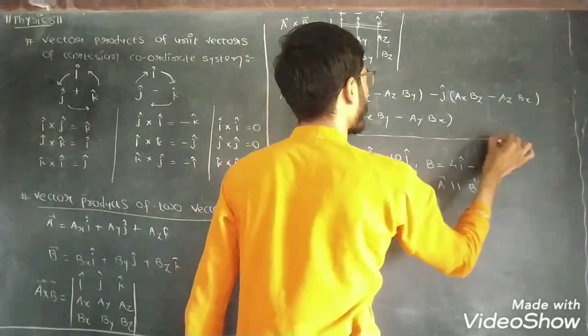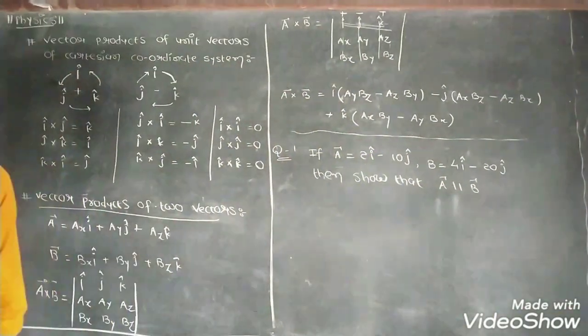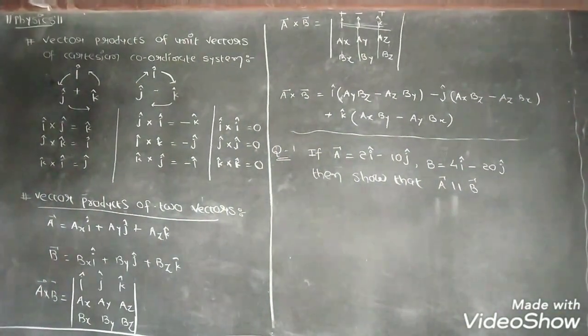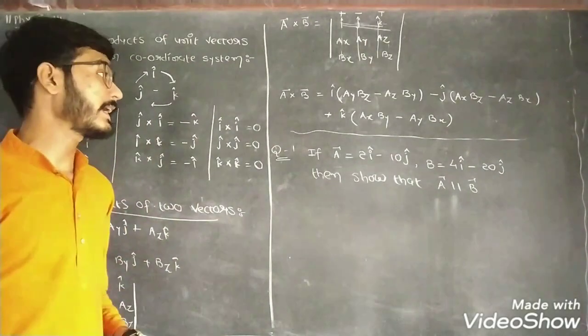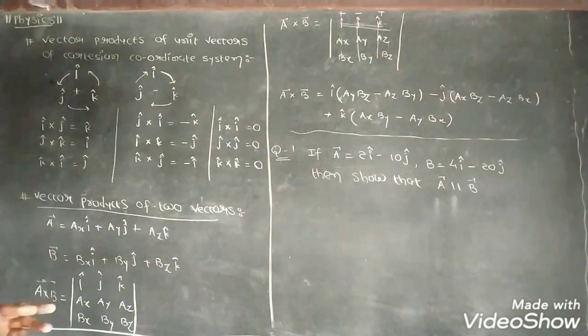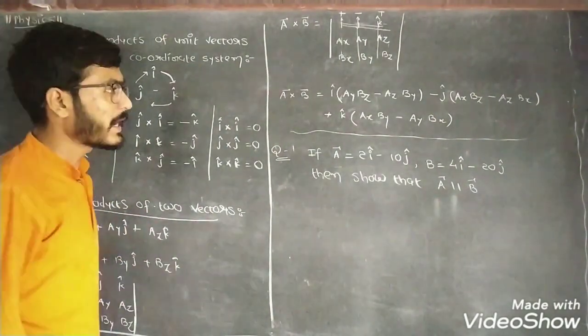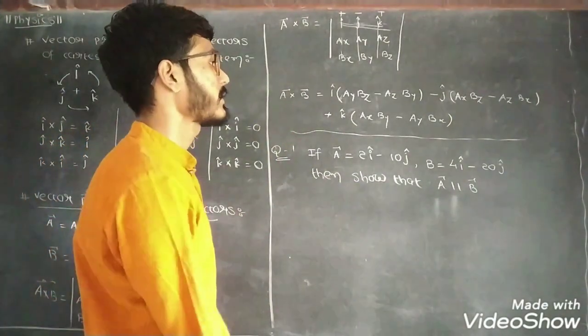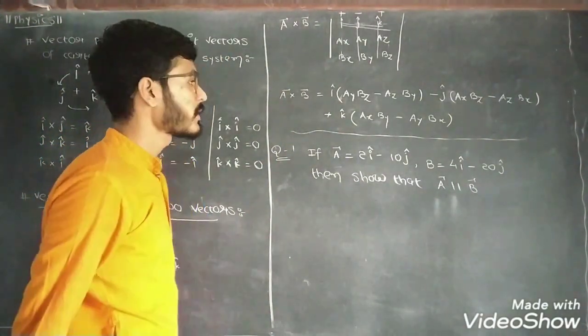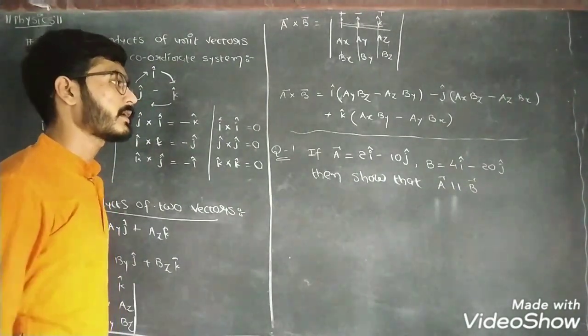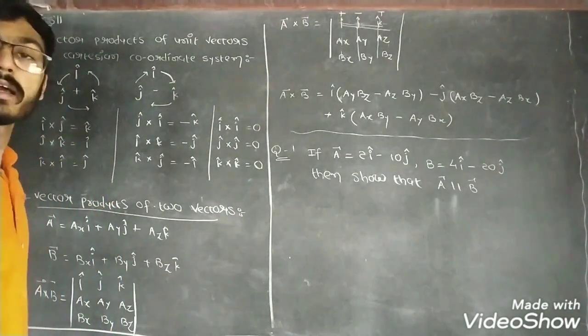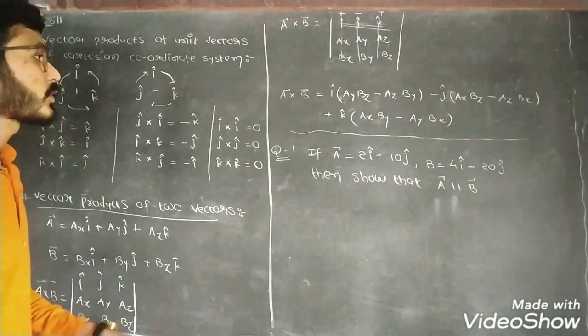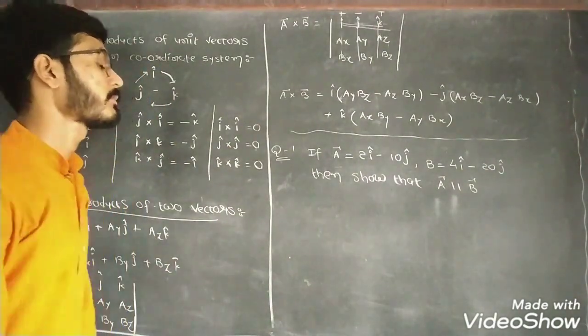This is the answer of the vector product of A and B. So A cross B is (ay into bz minus az into by) I caret, minus (ax into bz minus az into bx) j caret, plus (ax into by minus ay into bx) k caret. Okay, so this is the method of vector product.